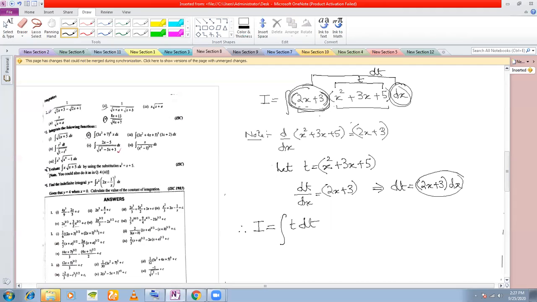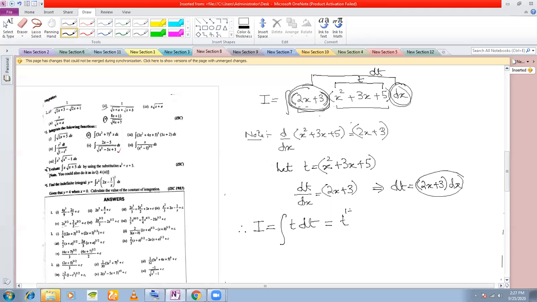Now check whether you have understood. Yes, sir. Understood. So this is integration of t dt.